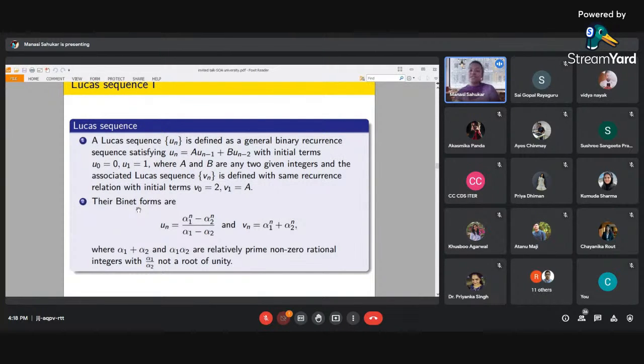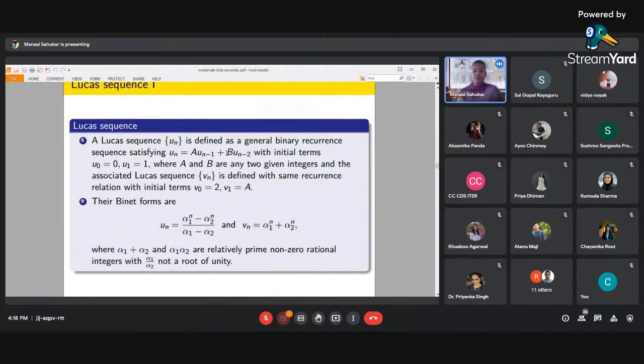So it is something like un is equal to some constant times un minus 1 plus some constant times un minus 2, with initial terms 0 and 1. That is called a Lucas sequence. We can easily find how the terms look by using this binary recurrence. These forms are called binary forms of un.